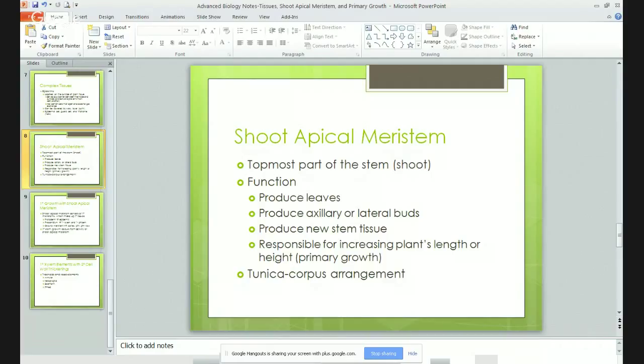And then you've got your corpus, which would be underneath it. Those would obviously be your newer cells. But that's kind of what that shoot apical meristem is going to look like underneath your microscope.